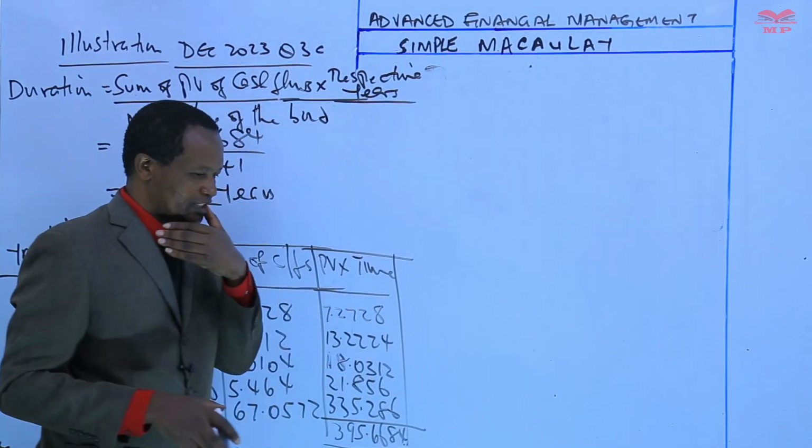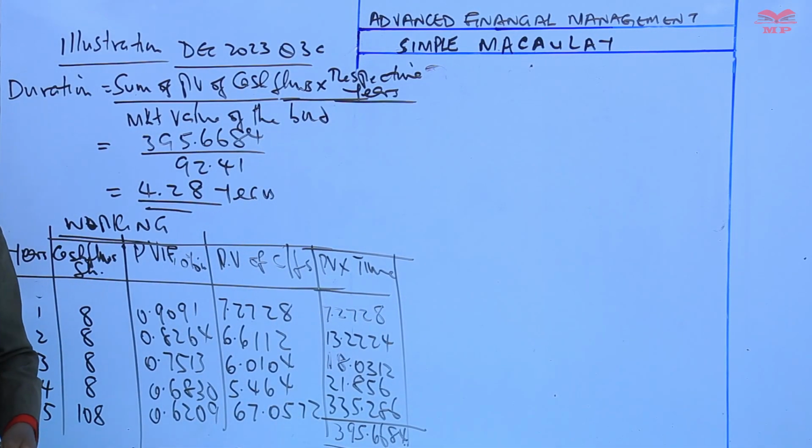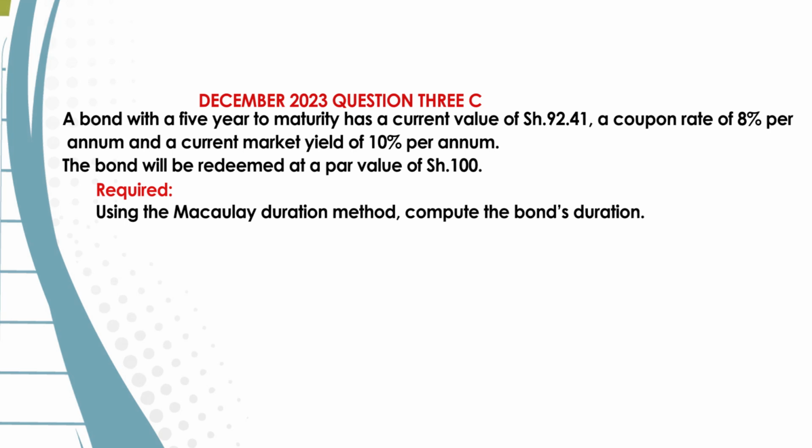So if an investor, for example, this investor we read, has a bond with 5 years to maturity and a current value of 92.41. The coupon rate is given as 8%. The yield is also provided.